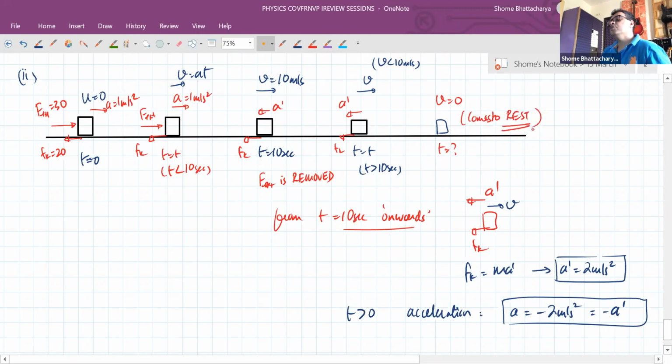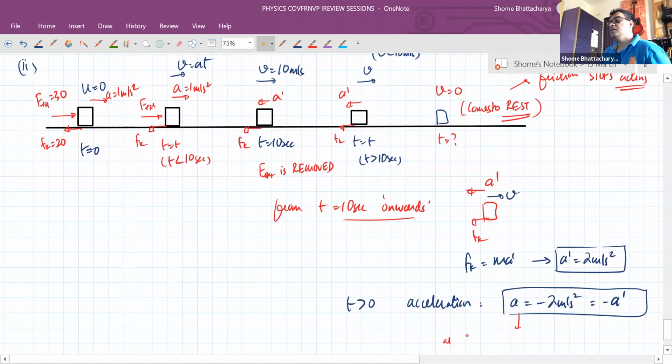Okay. And at that point of time, what happens? Friction stops acting because there's no external force acting tangentially. So friction also stops acting. Okay. So how much time it will take? At t equal to 10 seconds, V was 10 meters per second.